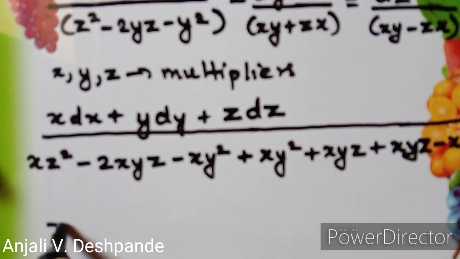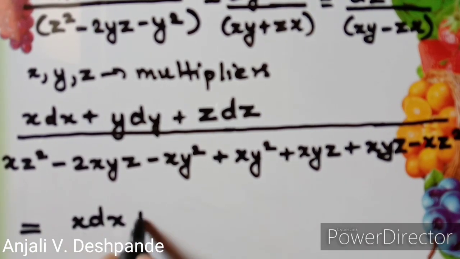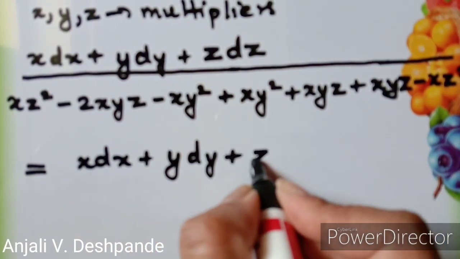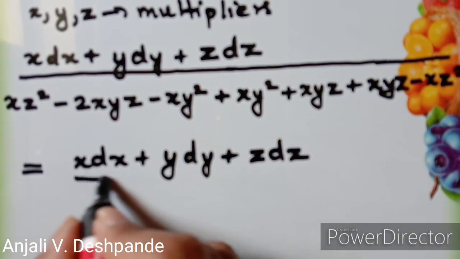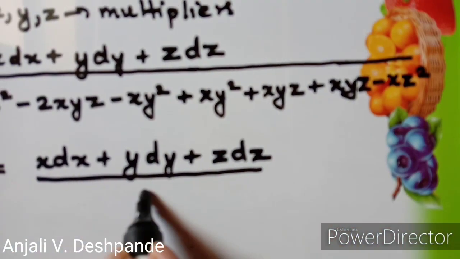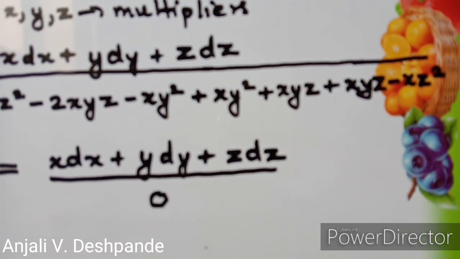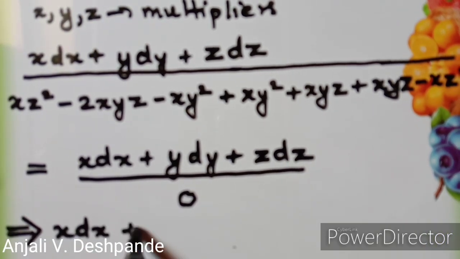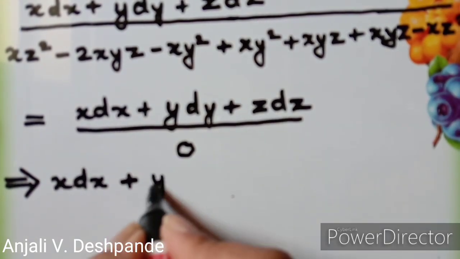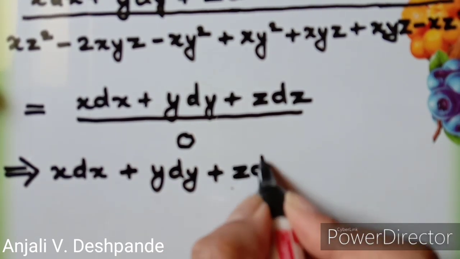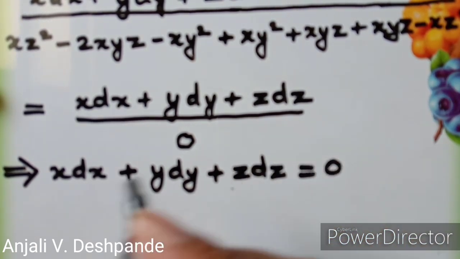So this will be equal to x dx plus y dy plus z dz divided by, now you can cancel out all the terms. You see that all the terms are getting cancelled and we are getting this denominator as 0. So this implies that x dx plus y dy plus z dz is equal to 0.